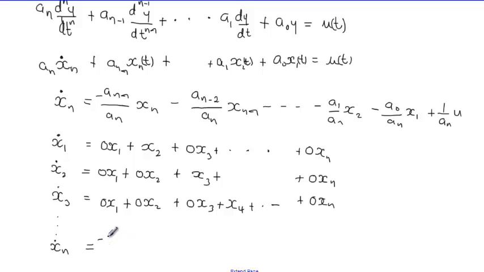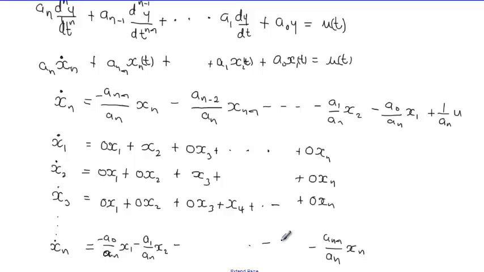So we're going to have here minus a0 over an x1 minus a1 over an x2, continuing up to minus a n minus 2 over an, minus a n minus 1 over an xn, and here we're missing x n minus 1, so let's correct that.